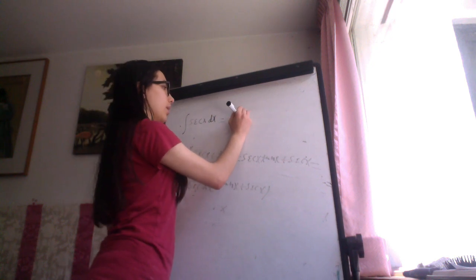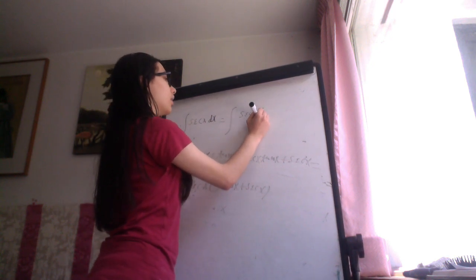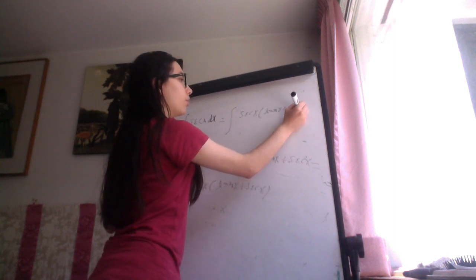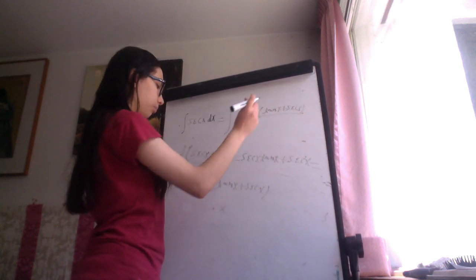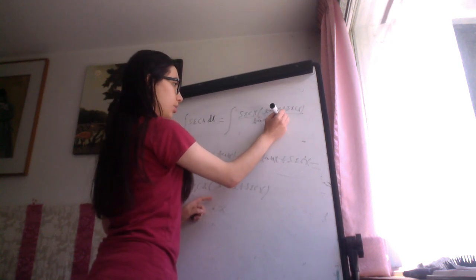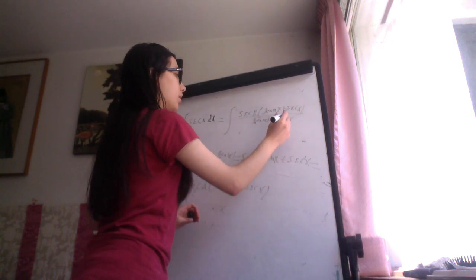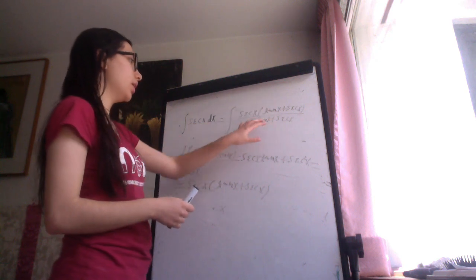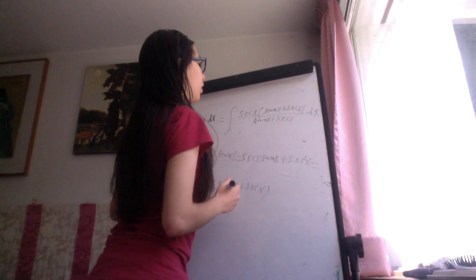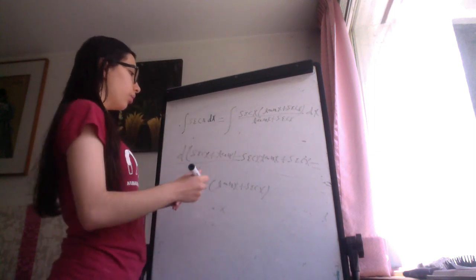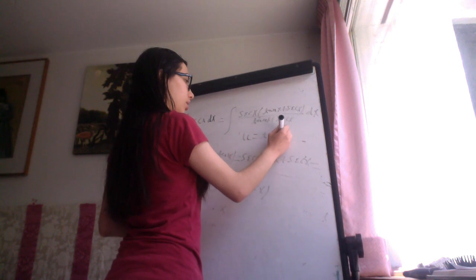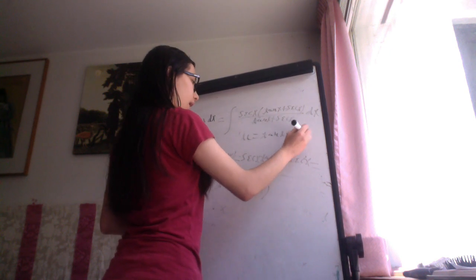I will put it as secant of x times tangent of x plus secant of x divided by tangent x plus secant x. So we can cancel this, and we just have secant x dx. Now, u would be tangent x plus secant x.